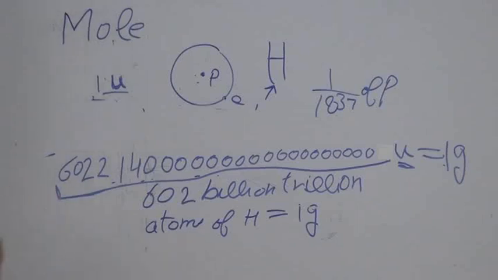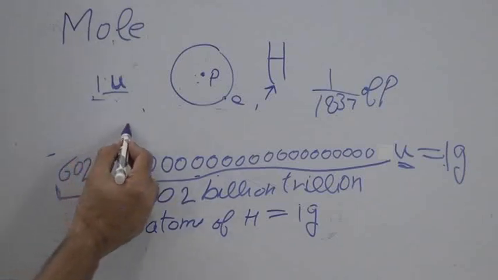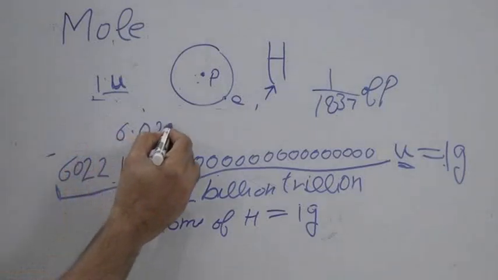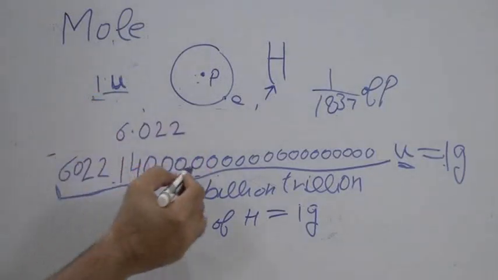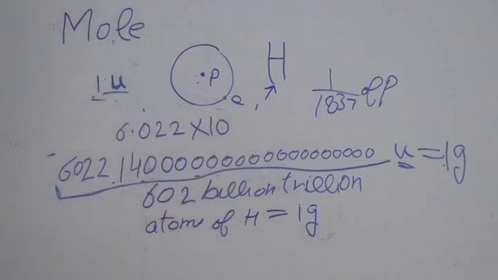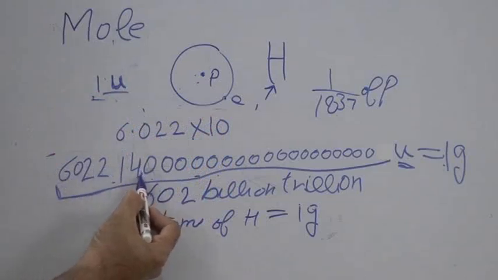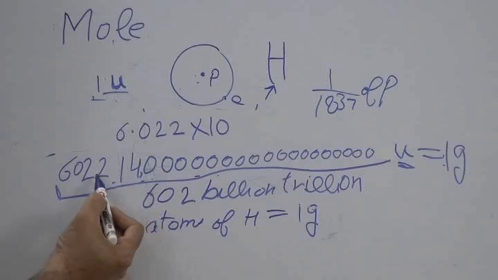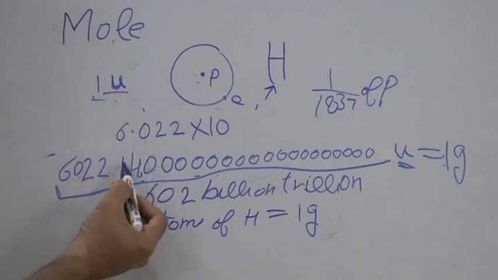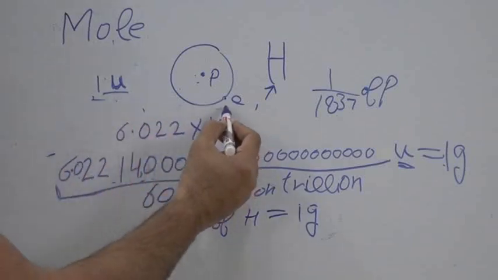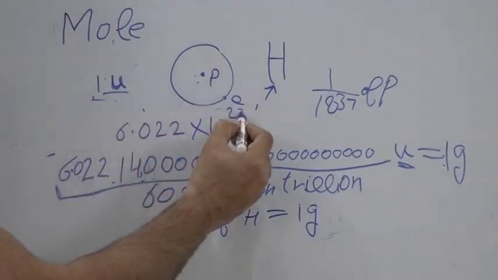With another notation, we can write it as 6.022 into 10 raised to power how much? After this we put 18 zeros, and on this side 1, 2, 3, 4, 5. 18 plus 5 is 23. We have put the decimal here, that is why it should be 10 raised to power 23.